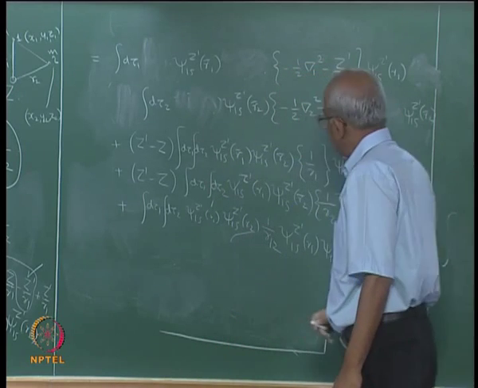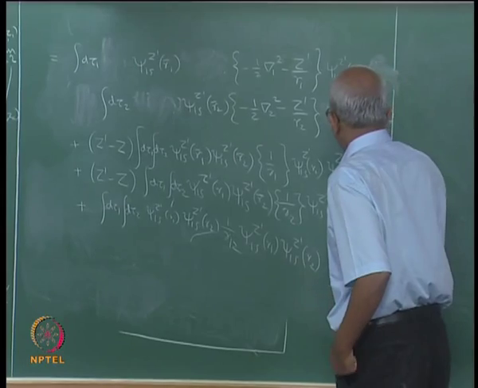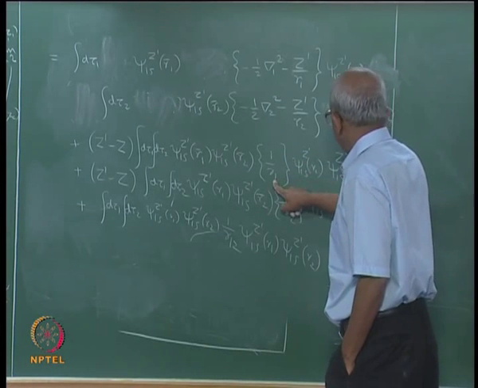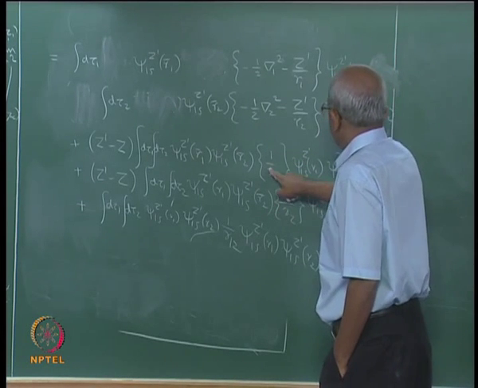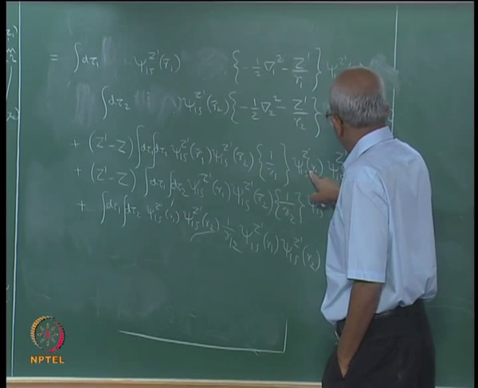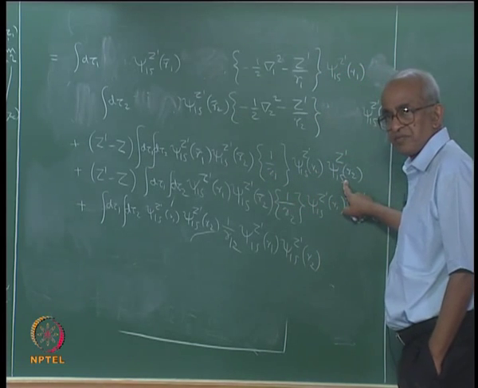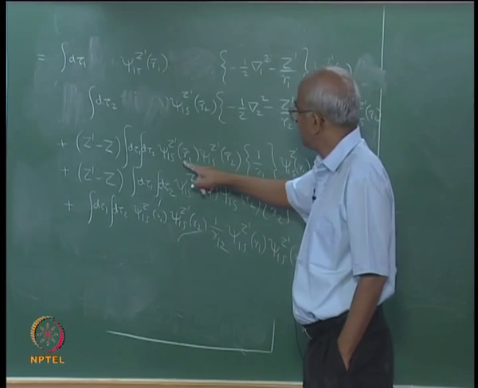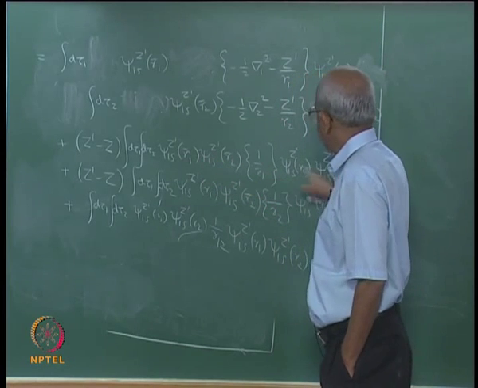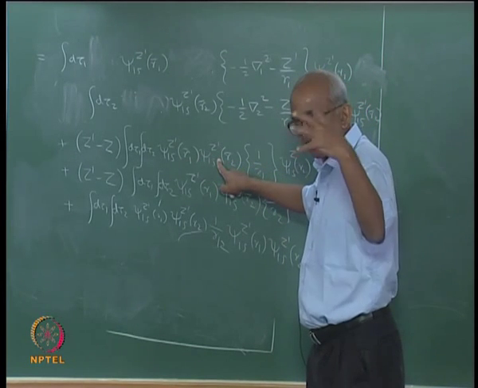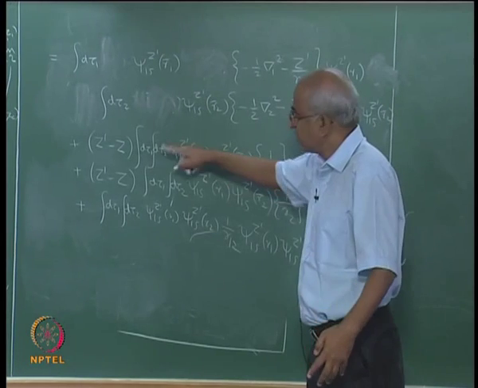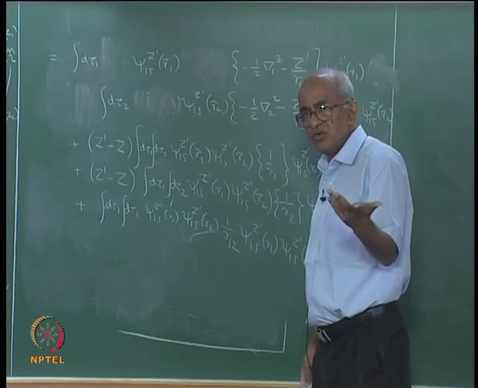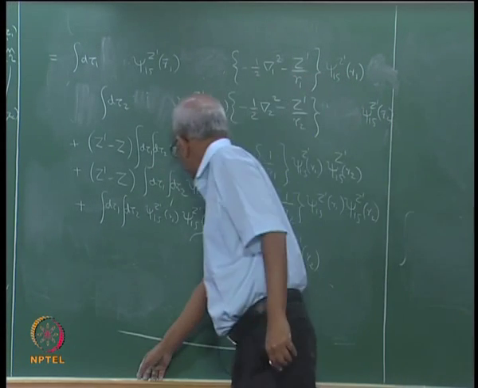Correct. And if you look at this term, what will happen? You see there is 1 by R1 here, right, that is the operator that is occurring, it is not going to affect that term. So, again you can move it out, this term and that term may be combined, you will get the square of the wave function for electron 2, integrate over the entire space, again it will give you unity. So, that also I am going to remove.